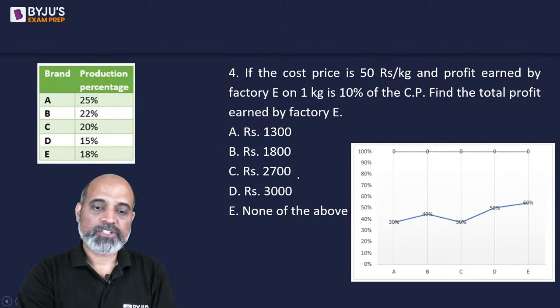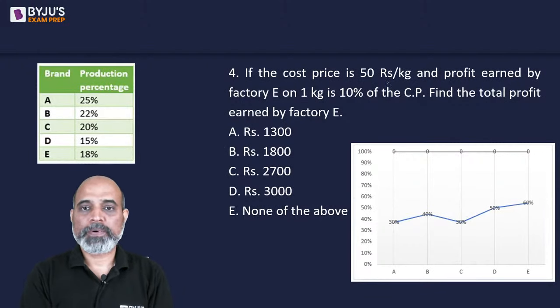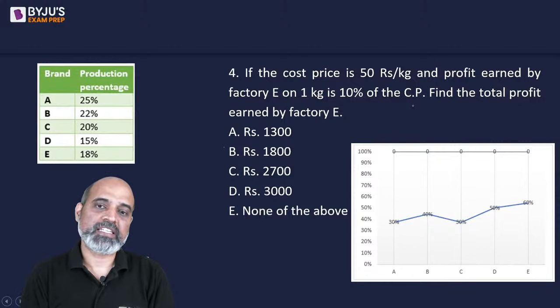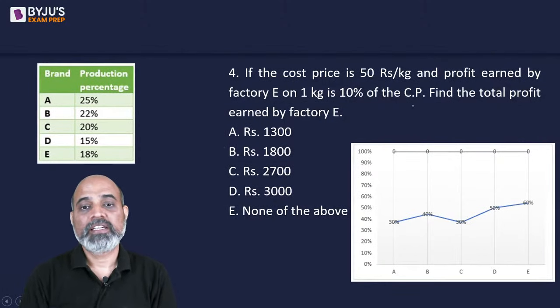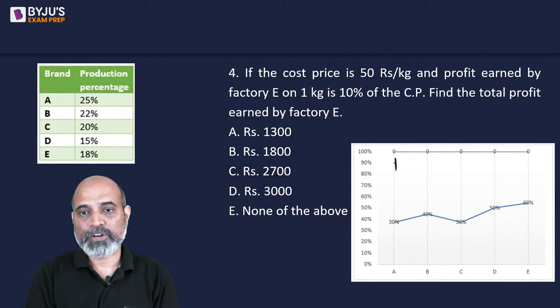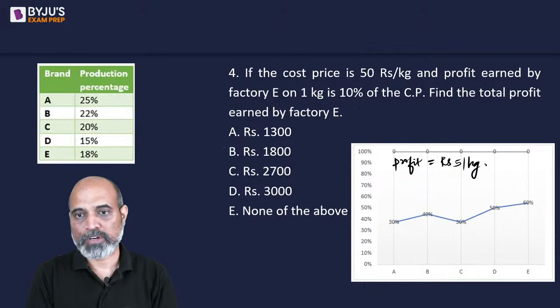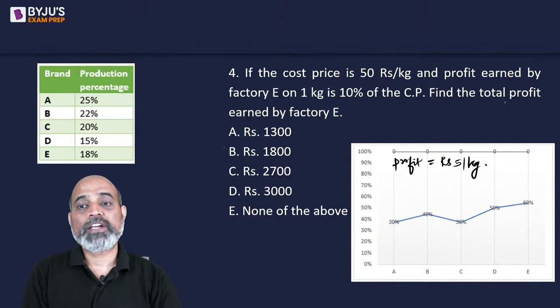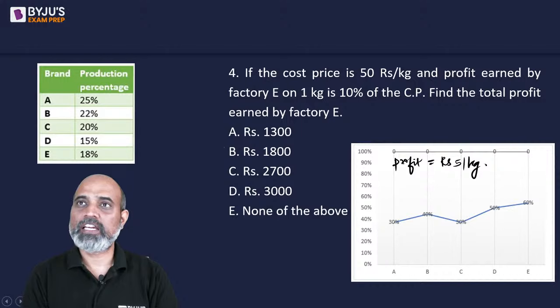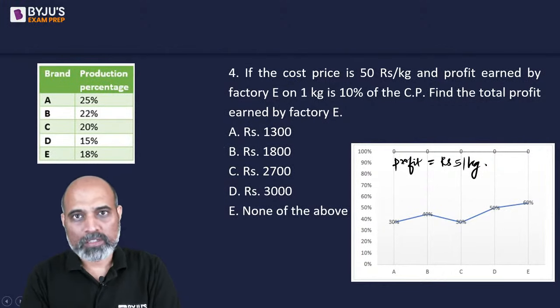Okay. Next question. If the cost price is 50 rupees per kg and profit earned by factory E on 1 kg is 10% of the cost price, this tells us that the profit earned is 10% of 50 rupees, right? So this is 5 rupees per kg is the profit. So we need to find out total profit. Total profit के लिए we need to find out कितना sell हुआ.